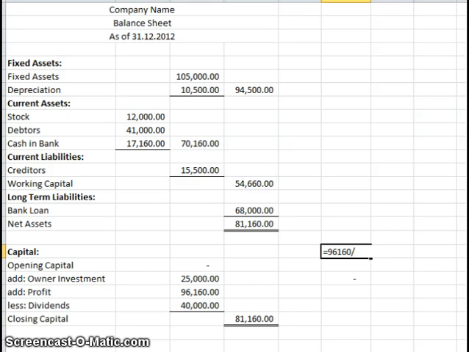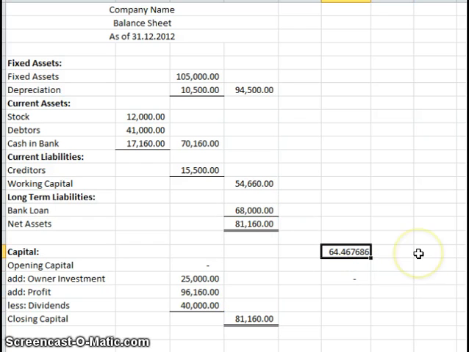Remember, this includes two numbers, so we need to put it in brackets, and we need to take our owner's capital and add it to our long-term liabilities, so this bank loan here. Close our bracket, and remember to times it by 100.